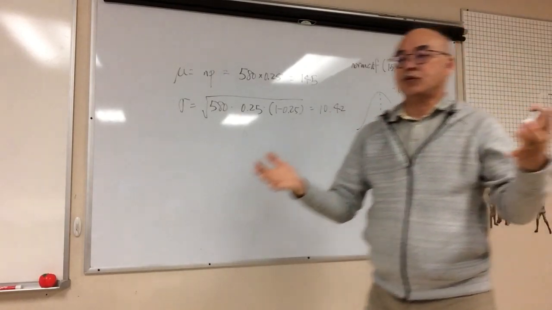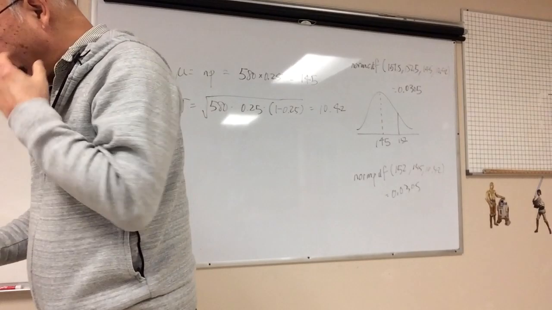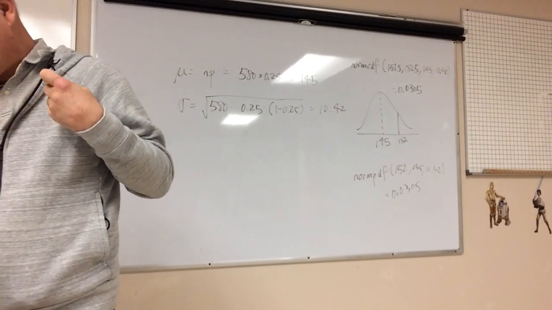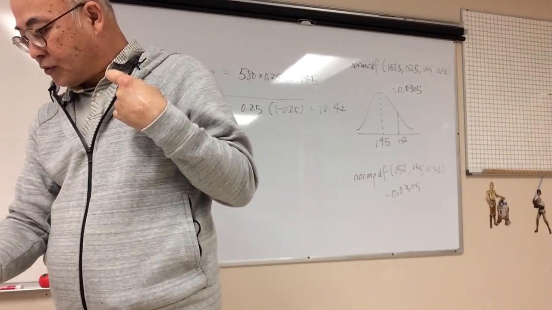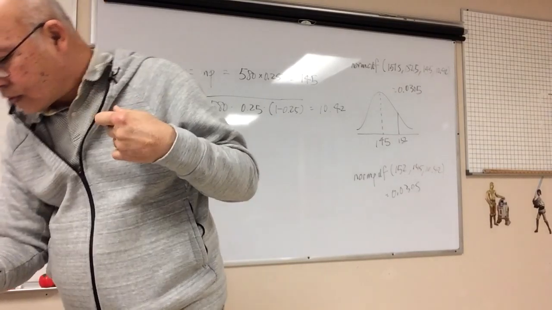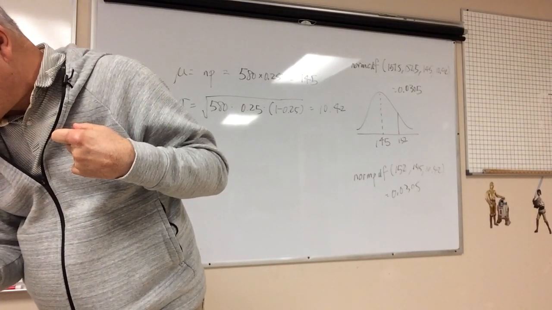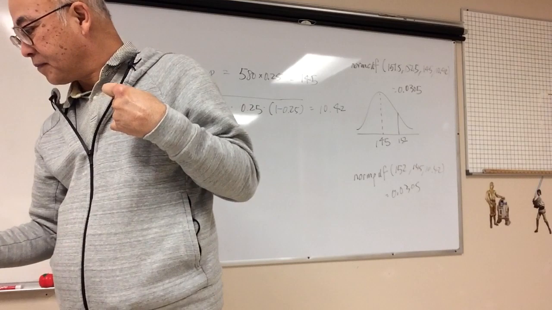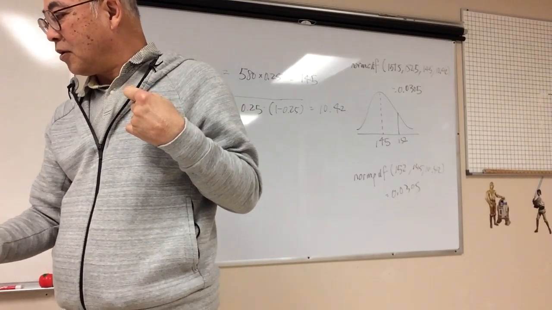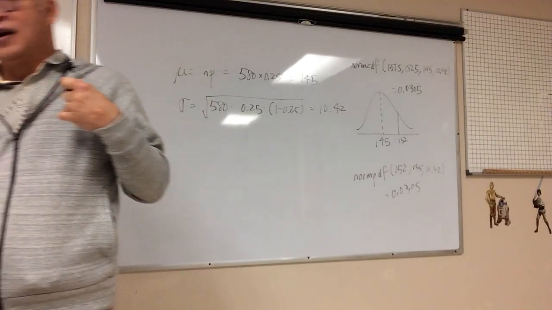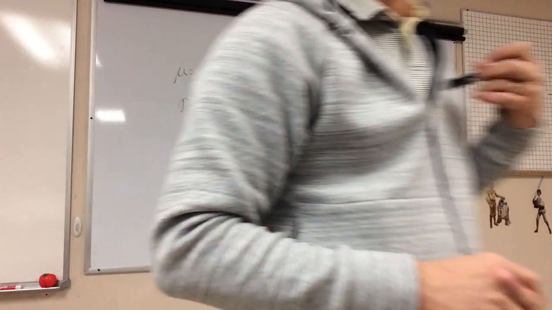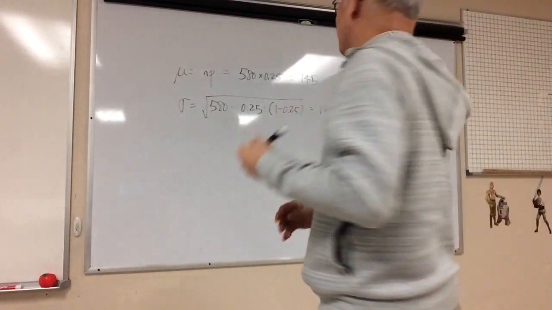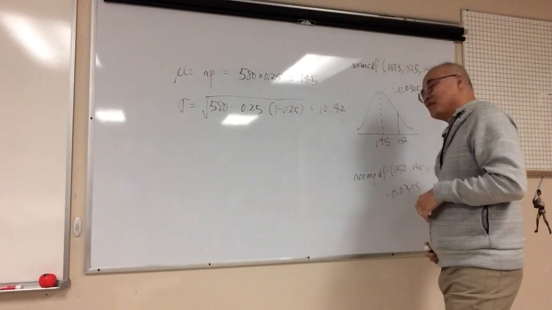That's the difference between the PDF and the CDF. You can also do this on the table, but when you've got technology, there's no reason to, so we'll just continue to use normalcdf.